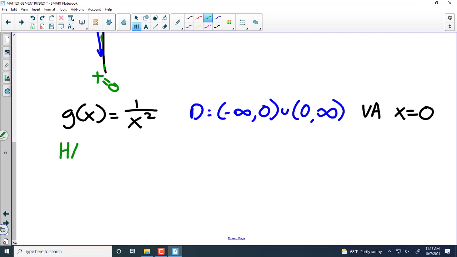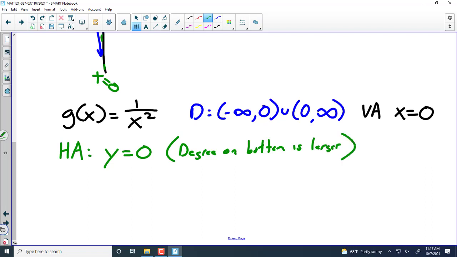It has the same horizontal asymptote, y equals 0, because degree on bottom is larger. This one also has no x-intercept and no y-intercept. The big difference between the one up there and this one right here is this one.